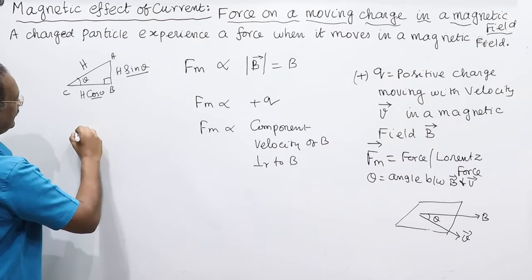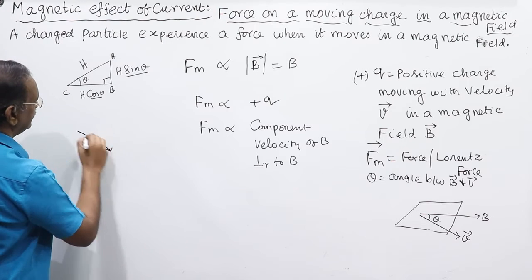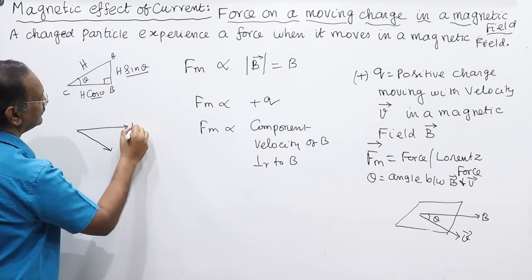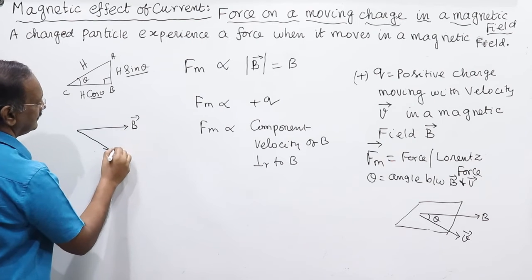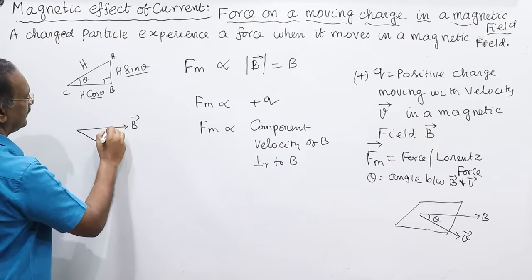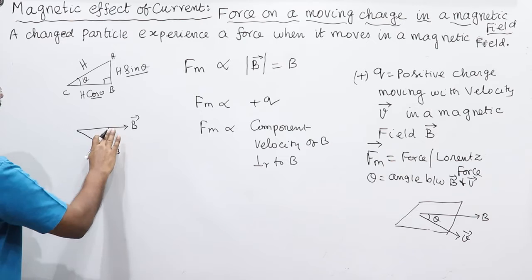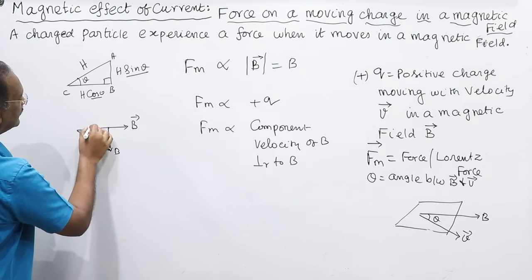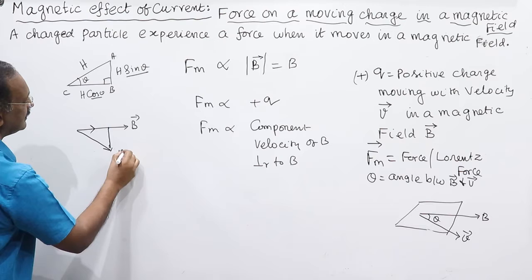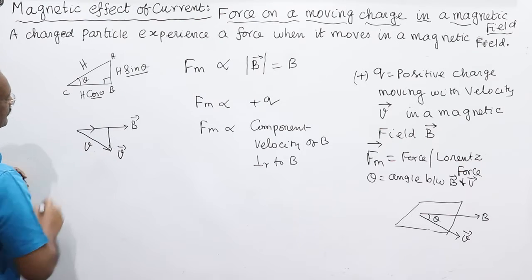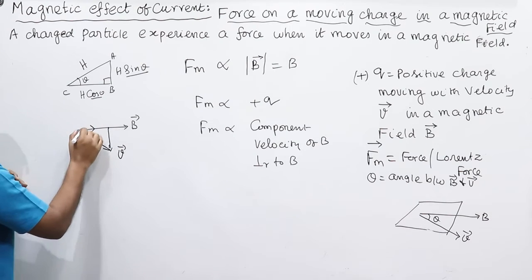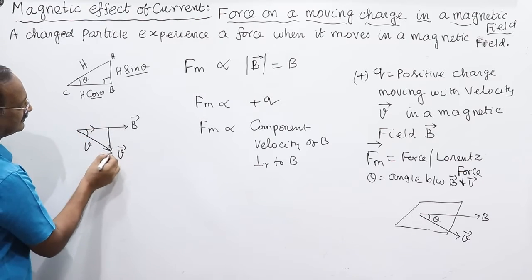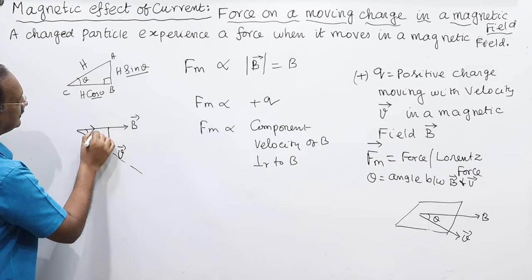So here the velocity is moving like this, and the magnetic field is like this in this figure. Now if you drop a perpendicular, the component of velocity perpendicular to B, this velocity makes an angle theta.